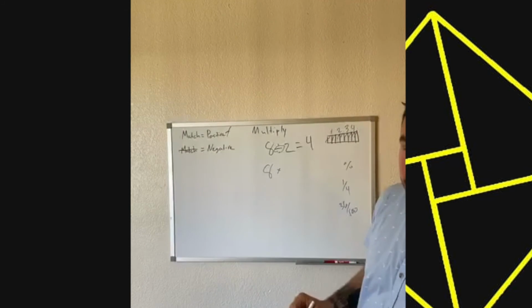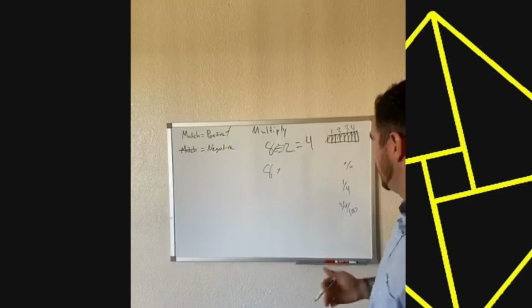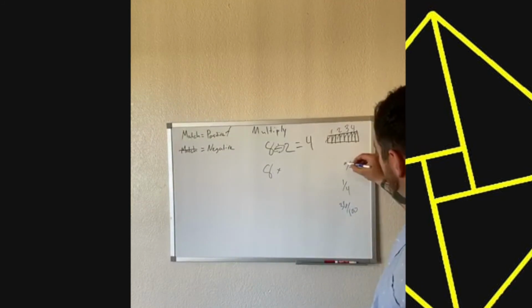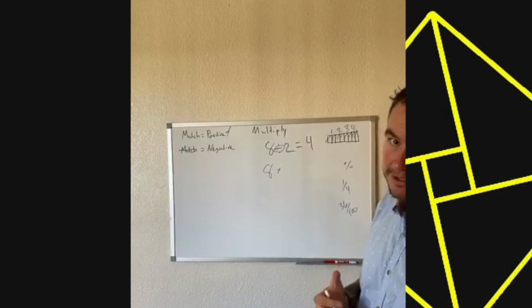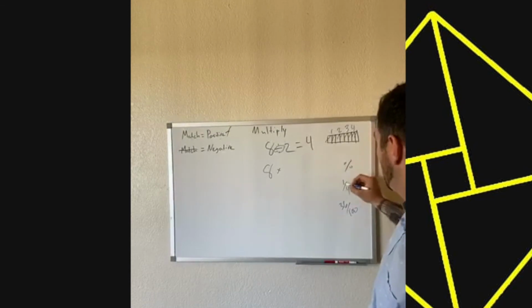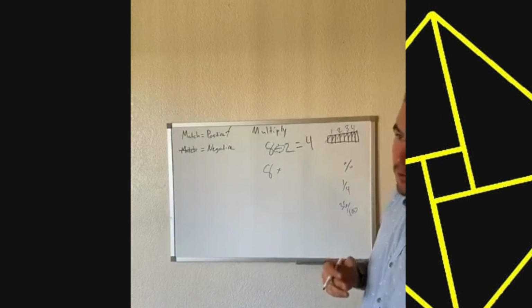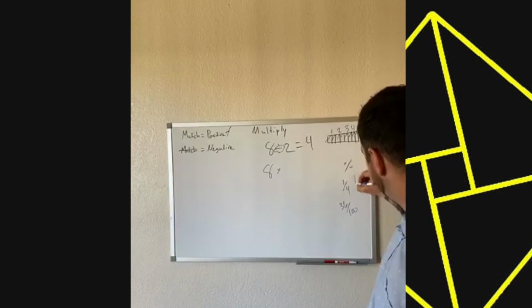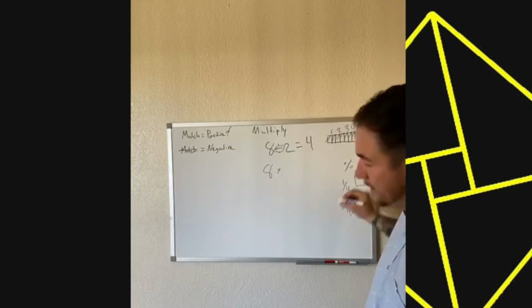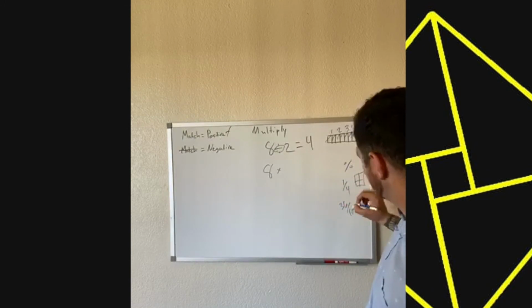Now the fraction bar means divided by, always, all right? So even here, in percentage, what it means is divided by 100%, right? So cent means 100, per is going to be that division. 1 per 4, so 1 per every 4 of us is going to get the cake or whatever, or 1/4 of a slice of pizza or something like that. That's where you split something into 4 pieces.